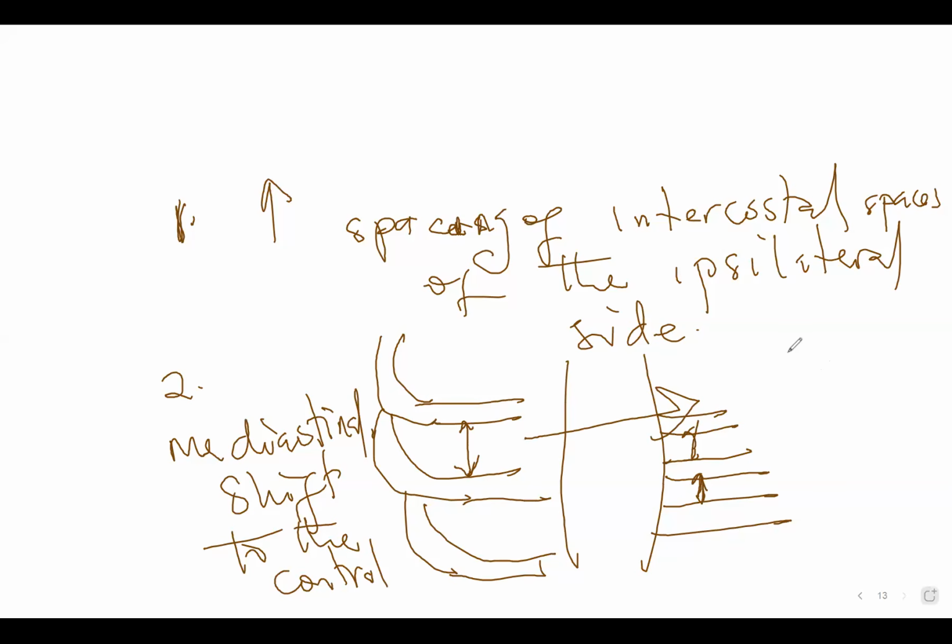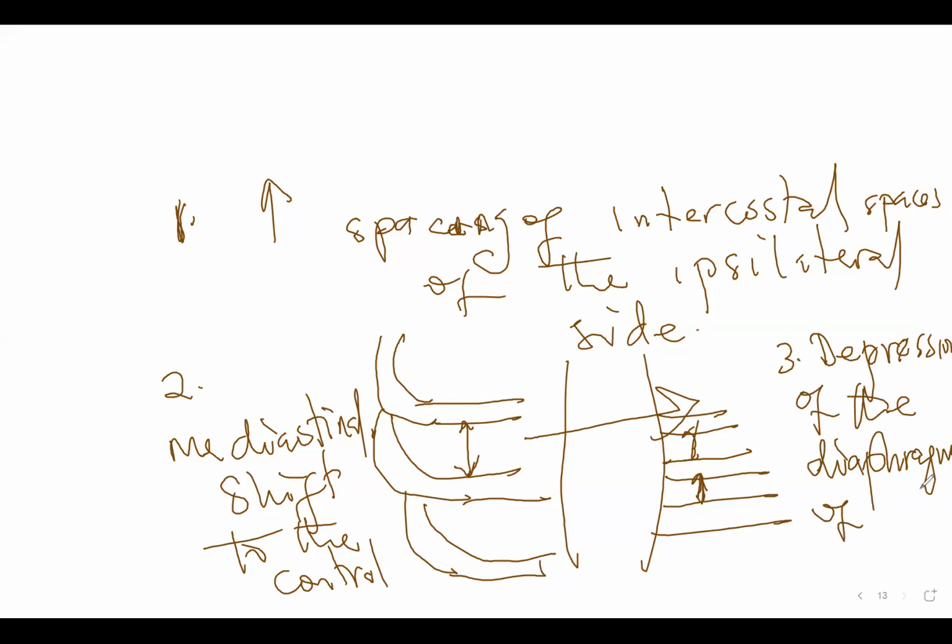And the third feature is depression of the diaphragm of the affected side. Now, anytime you talk of tension pneumothorax on an X-ray, these are the three features you are looking for. It's the lateral increase in the intercostal spaces, contralateral shift of the mediastinum, and depression of the diaphragm of the affected side.